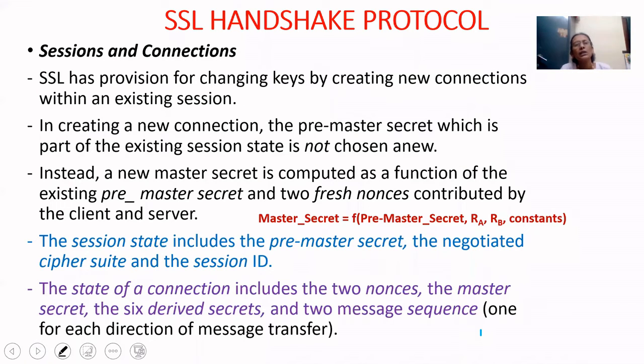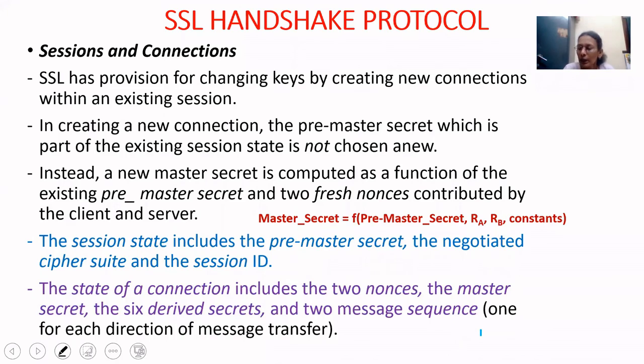So after the MAC is verified, the client is convinced that he is talking to the authentic server. Next we see sessions and connections. We have seen already that it is better not to use the same key throughout a long session. If the session is long, it's better you use another set of keys.